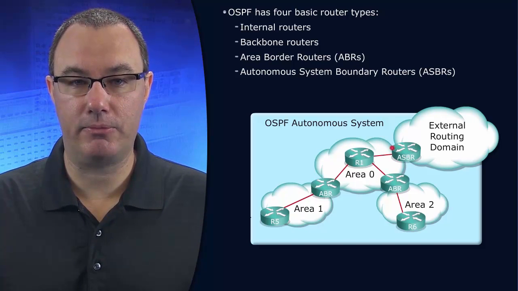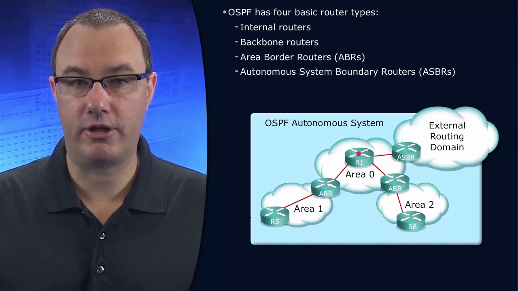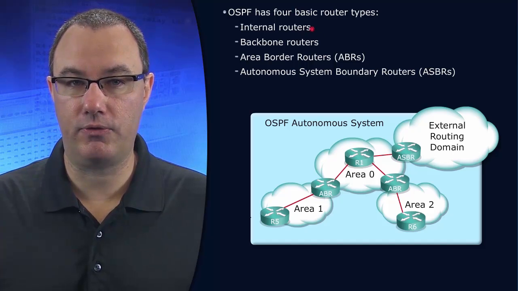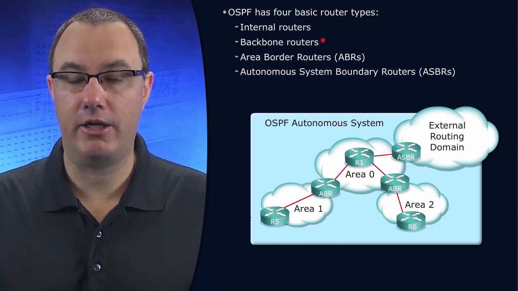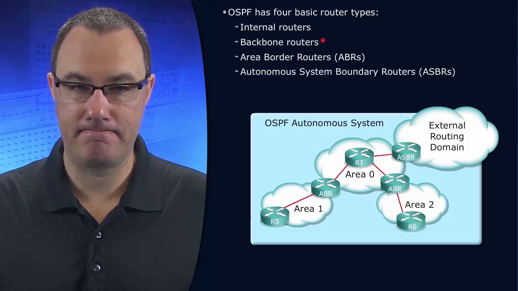We have these router types where we might, in fact, be a backbone router and an internal router. R1 is such an example. Okay, so if you have any interface in the backbone area, then you are a backbone router. And remember, Area 0 is the backbone area.